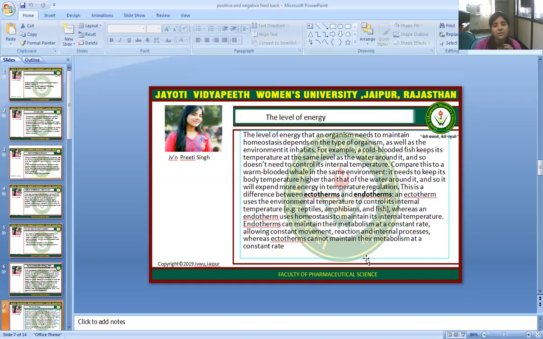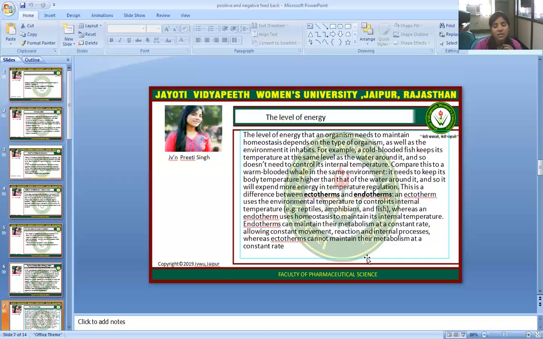This is a difference between ectotherms and endotherms. An ectotherm uses the external temperature to control its internal temperature, for example reptiles, amphibians and fish, whereas an endotherm uses homeostasis to maintain its internal temperature.